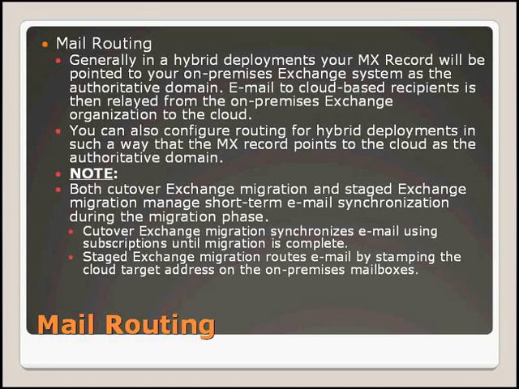Whenever you're doing a migration, make sure that your on-premises mailbox has the target address set, and that it is set to cloud. If you don't have that set, then you're going to have trouble with mail routing. That should be one of the main things you look at when you find trouble routing email between the cloud and the on-premises.